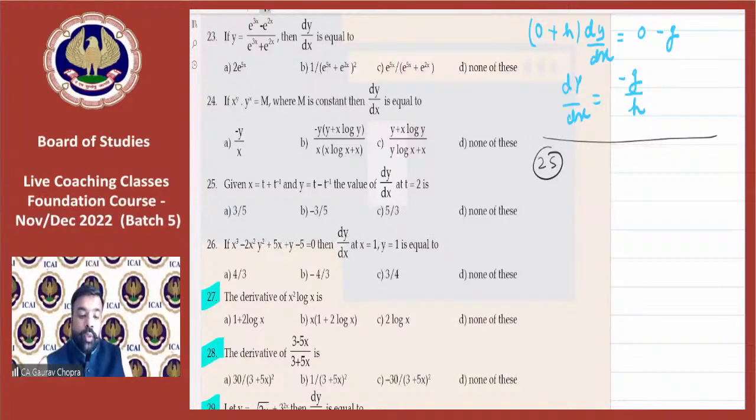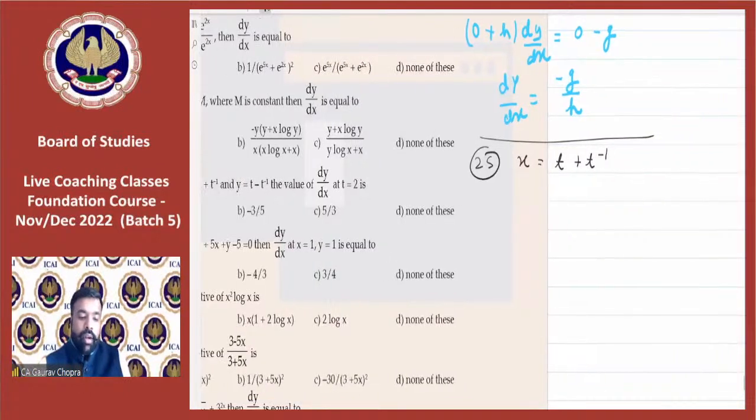So 25: x is equal to t plus t to the power of minus 1, and y is given as y equal to t minus t to the power of minus 1. Now, if we calculate the derivative dx by dt, how much will it come? Derivative of t is equal to 1, and for t to the power of minus 1, the minus 1 will jump forward and it will become minus t to the power of minus 2.